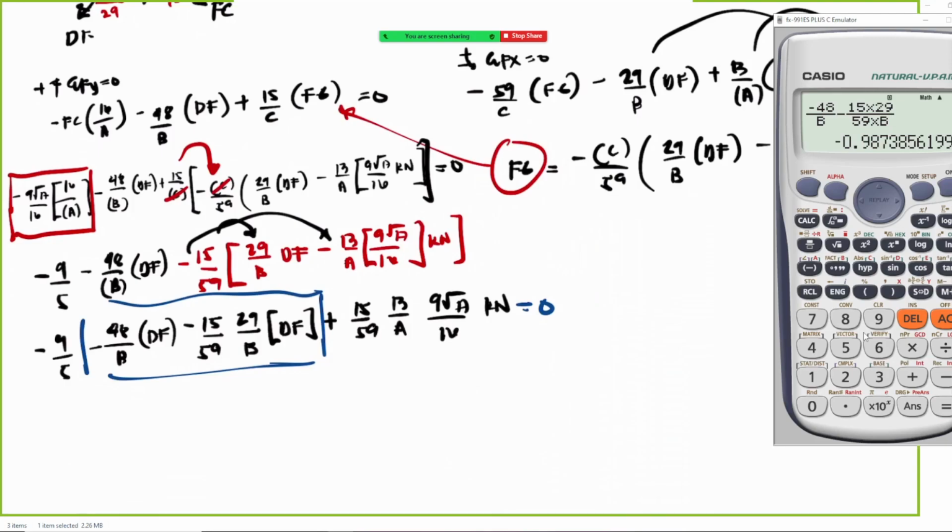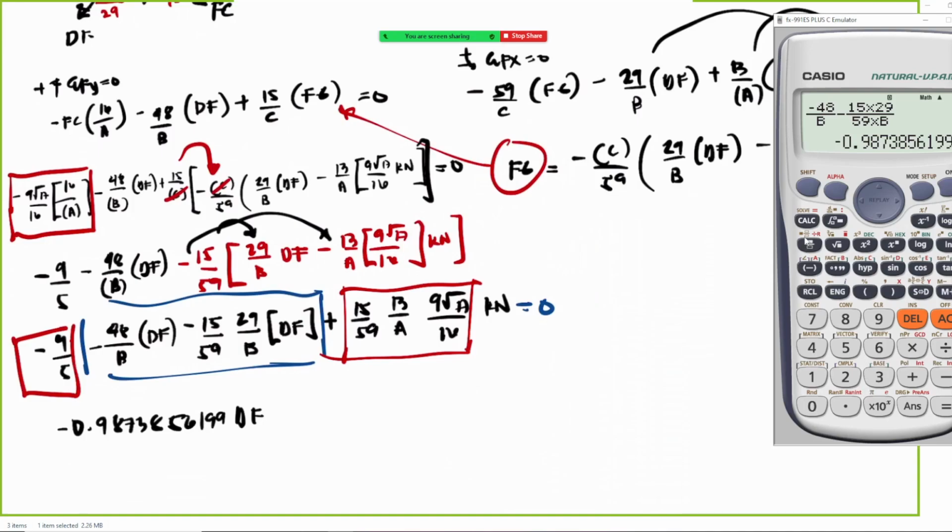So that is negative 0.9873856199 DF. Okay? And then these values to negative 9.5. Negative 9 over 5 plus, okay, 9 over 5 pala, sorry, 15 over 59, okay, times a, and then times 16.